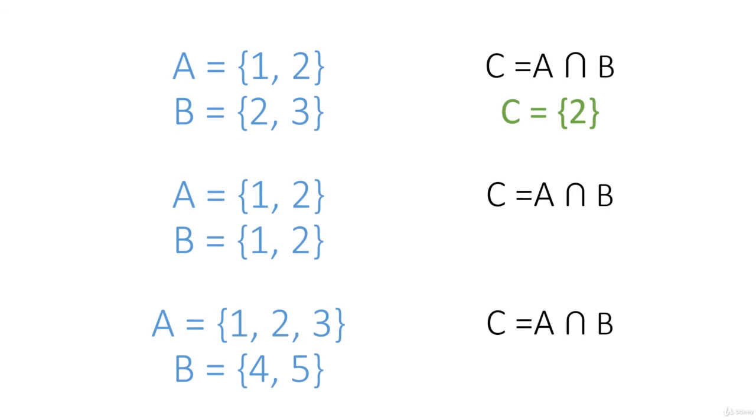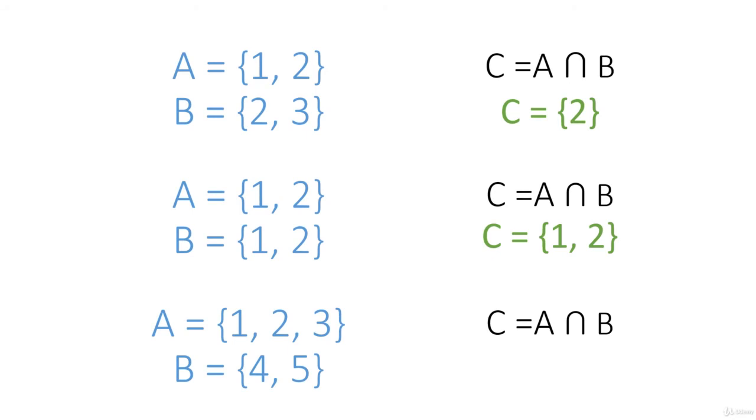Here is another example where A contains 1 and 2 and B contains 1 and 2. The intersection of A and B will result in a set containing 1 and 2, because we have 1 in A but also in B, and we have 2 in A but also in B.